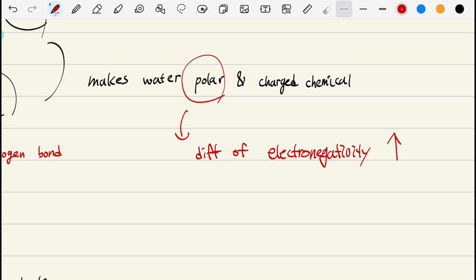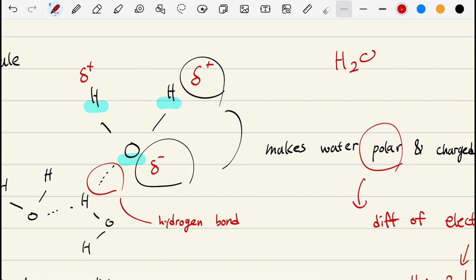So when we look at the periodic table, the electronegativity of H is 2.1, and for oxygen, it's 3.5. And this difference is really big, which makes the water polar.